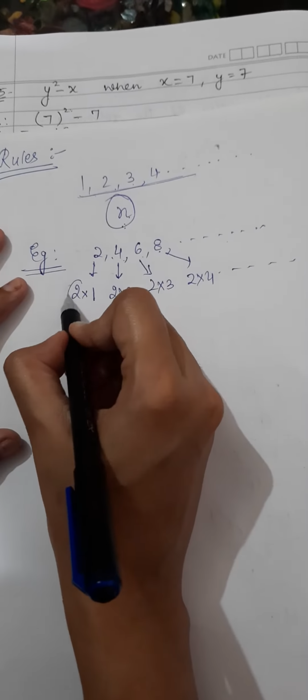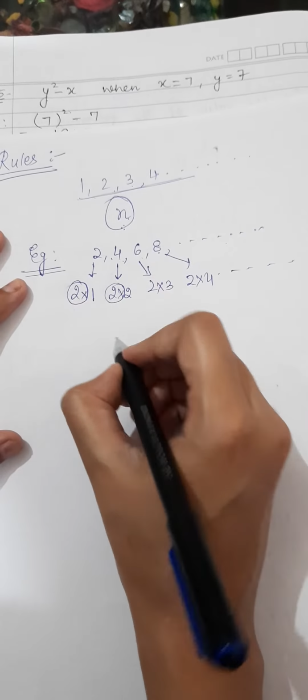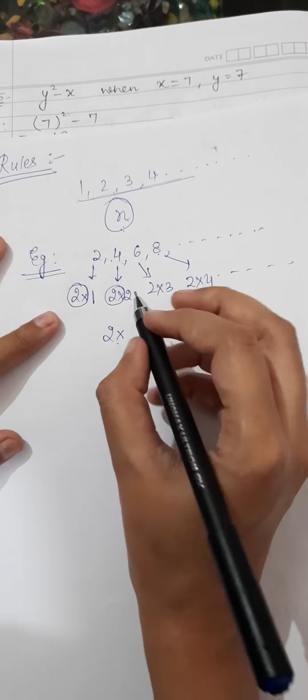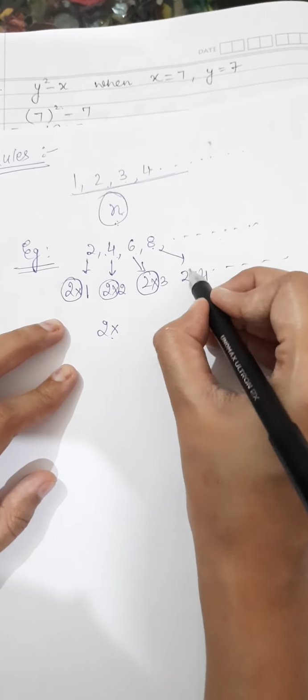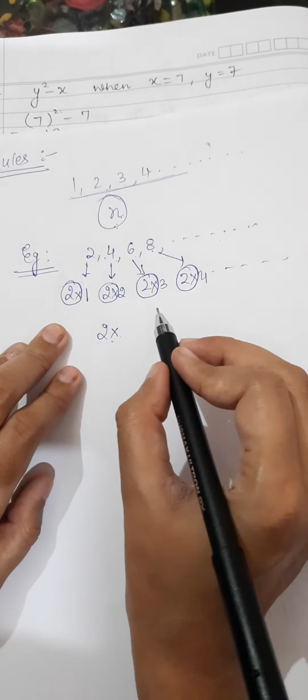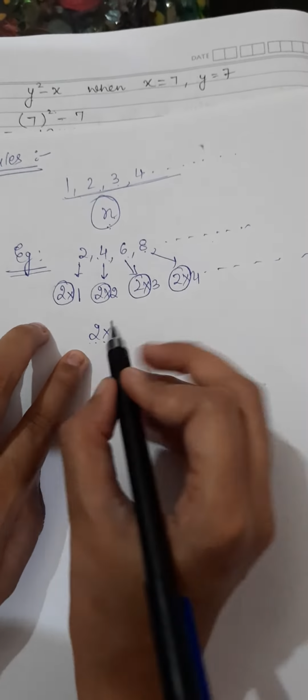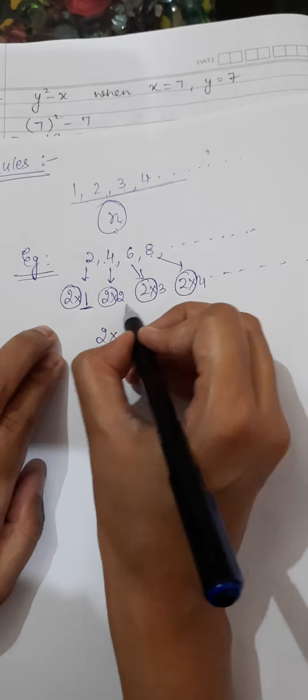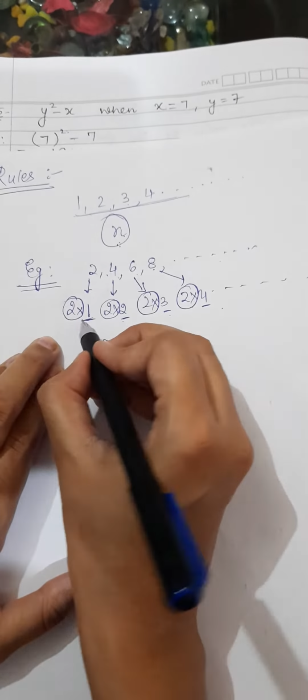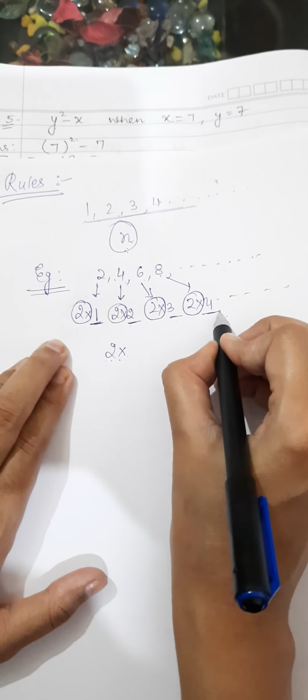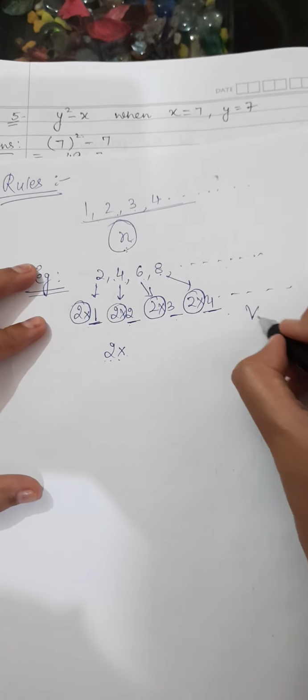Now this 2 into is constant. It is the same everywhere, so I have written 2 into, which will remain the same. But the value of 1, 2, 3, 4 is changing. Because these values are varying, we are going to denote them with a variable.